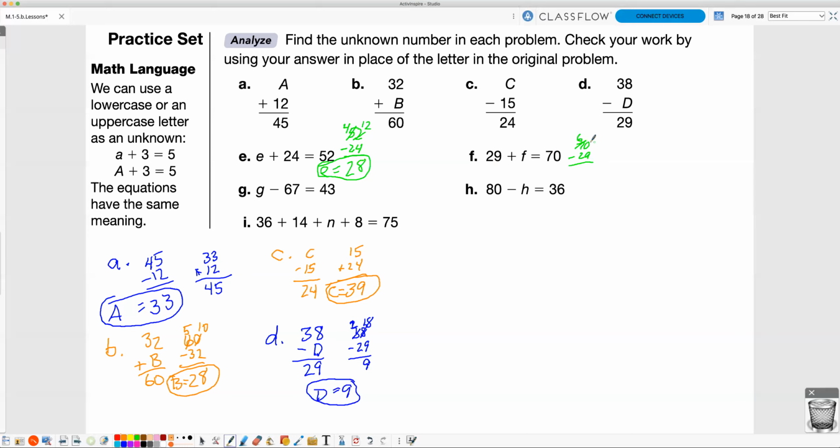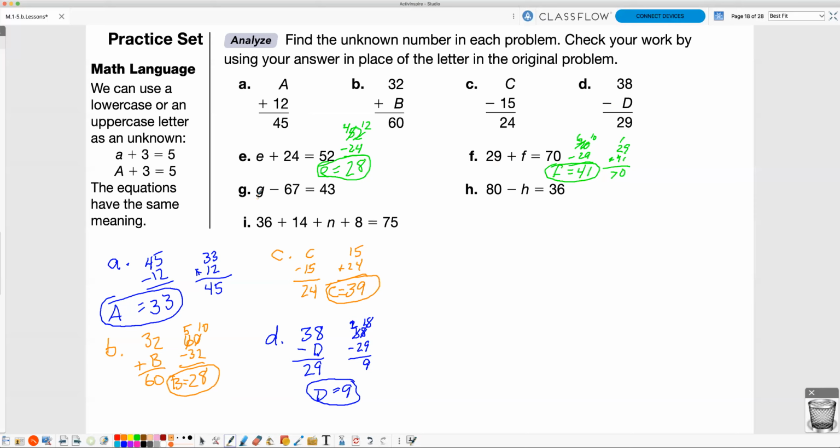This will be 6. This will turn into 10. This will be 1, 41. So F should be 41. And if I want to double check it, 29 plus 41 is what I would do to check my work. And I would end up getting 10 here. That'd be 6, that'd be 70. Perfect.